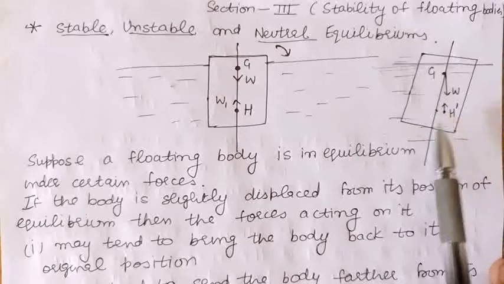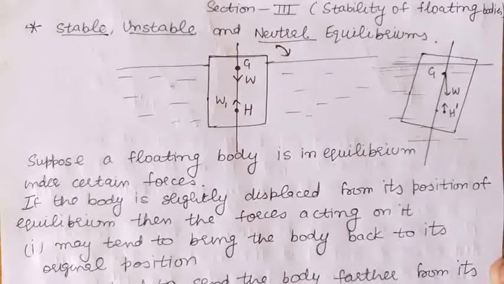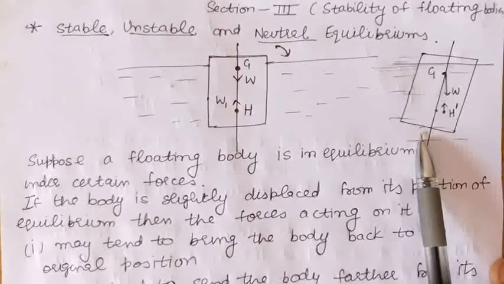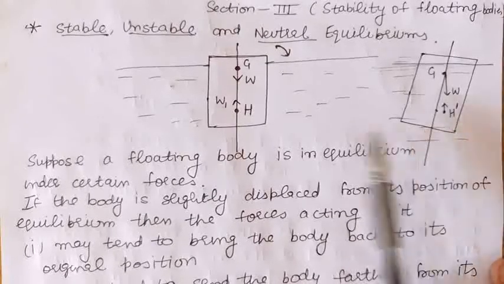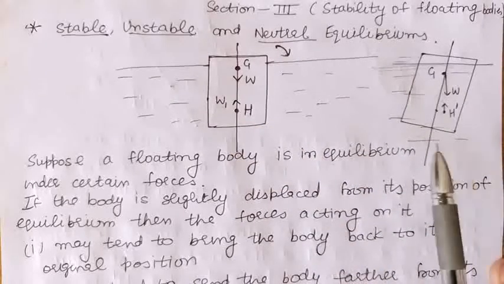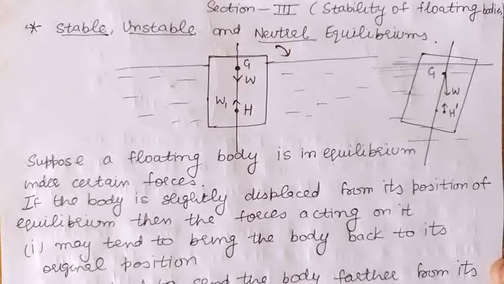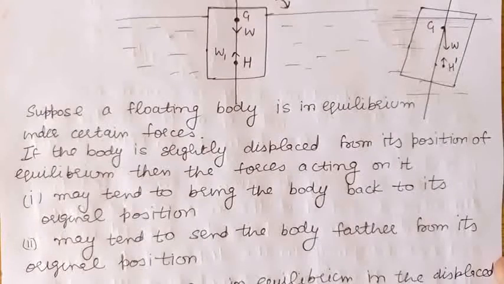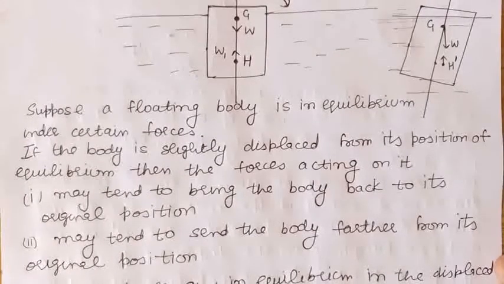Now, there are 3 possibilities. The forces acting on this body may tend to bring this body back to the original position, or they may tend to send the body farther from its original position, or the body may remain in equilibrium in the displaced position. So we have the 3 possibilities.